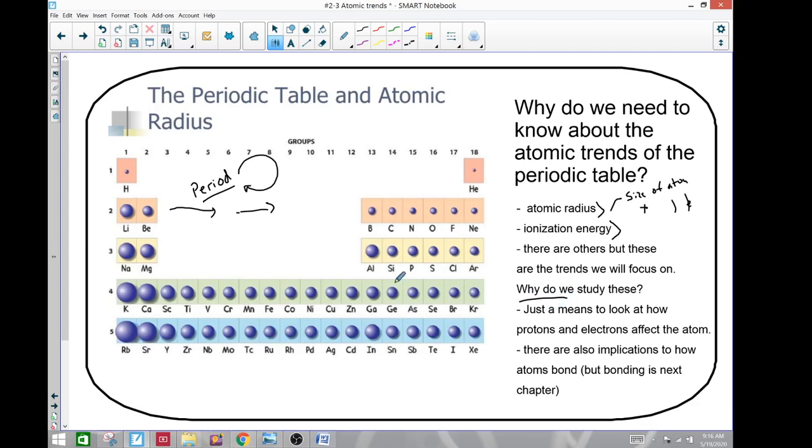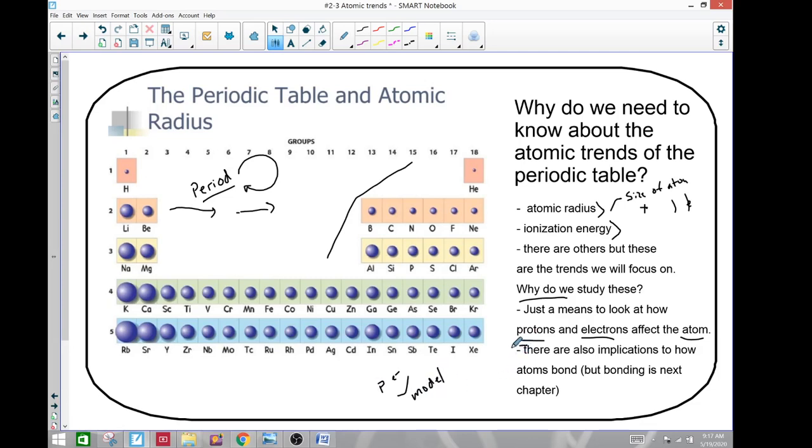For our purposes, it's a means of understanding how protons and electrons affect the atom, and it allows us to test whether you understand models of electrons, protons, and our modeling of atoms.